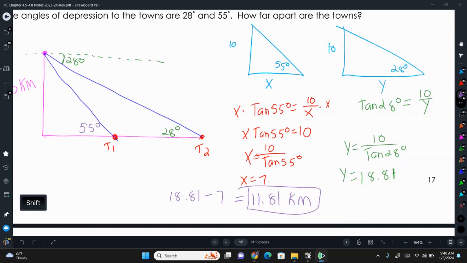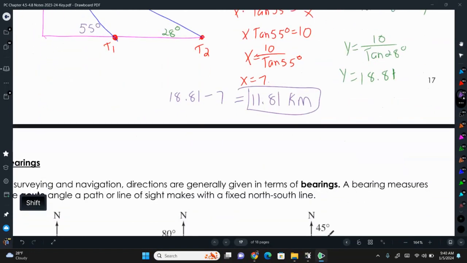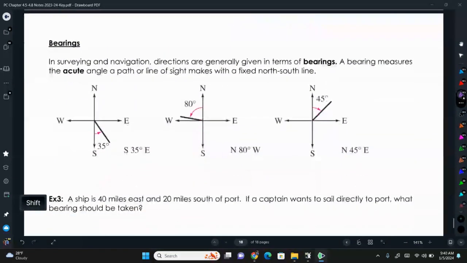So now on the next page, we're going to talk about what's called bearings. And bearings are used when we're doing surveying or navigating, and it's always in terms of our fixed north and south line. And we measure the acute angle.